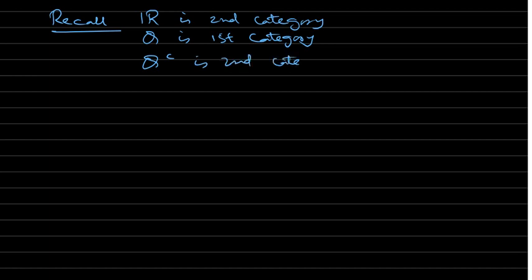So this we have seen, because Q complement cannot be first category; we know the union of two first category sets is again first category. So let's recall these things, and now we state the following theorem.